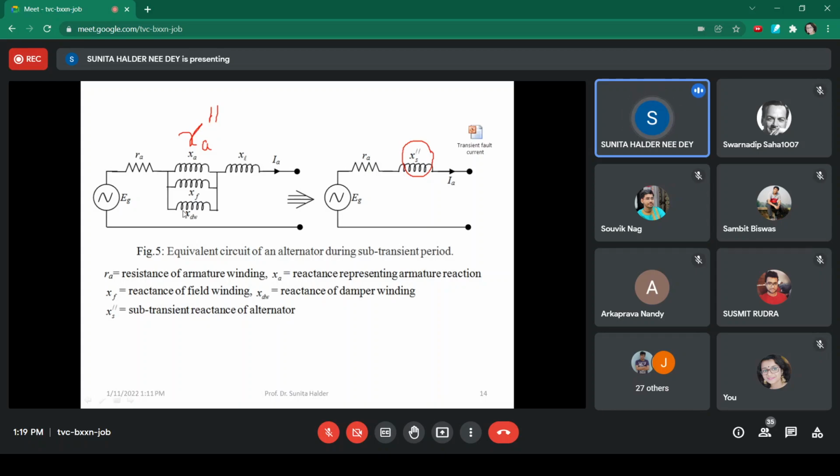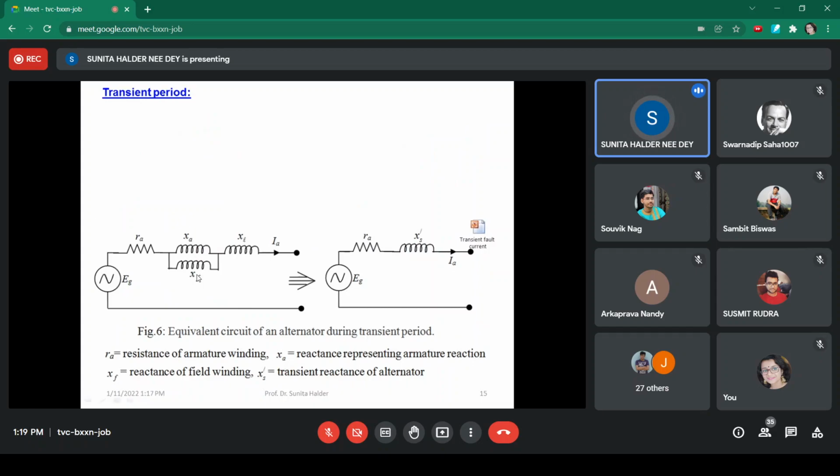But still, during the transient period, we may assume that only the field winding is there, the damper winding gets open due to its very low time constant, and in that condition the field winding is trying to maintain the air gap flux. Since it is less than XS, we can write XS dash. So during the transient period, the reactance will not be XS but XS dash.